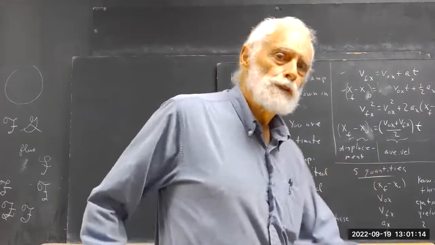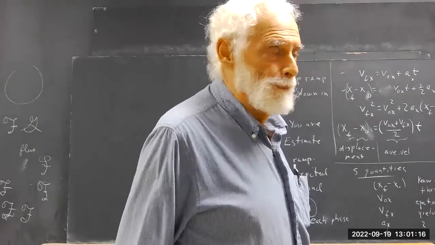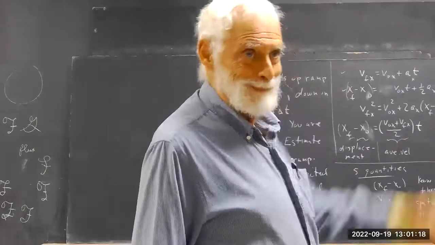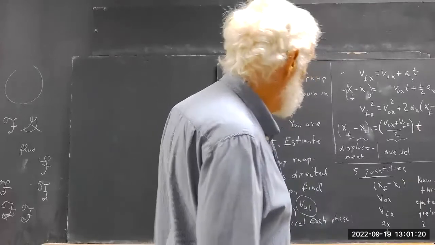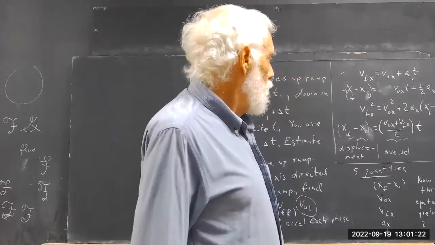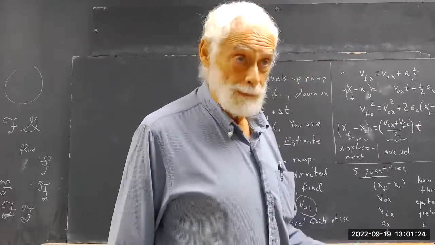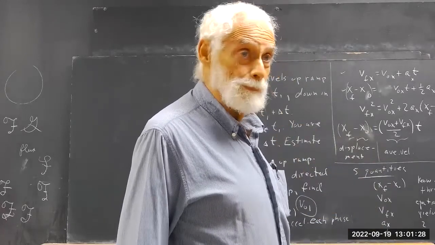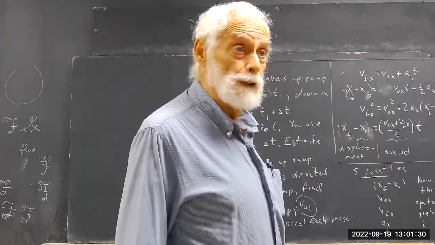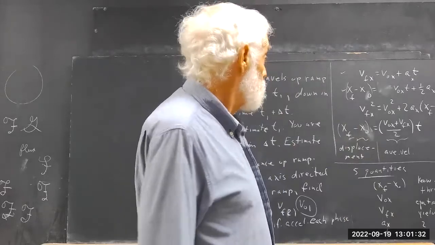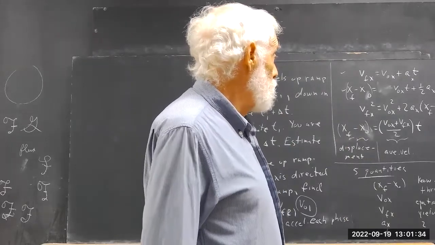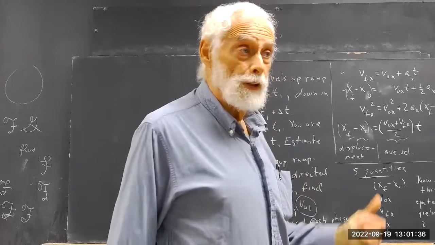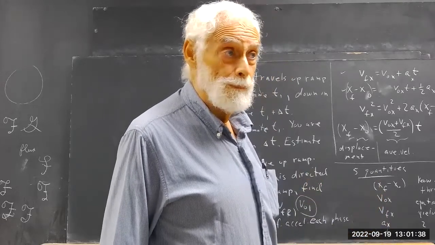Okay, well, in this case, just say yes or no. Say it as quickly as you can. Do we know the displacement of the ball going up the ramp? Do we know the displacement of the ball going down the ramp? Yeah. Do we know the initial velocity of the ball going up the ramp?